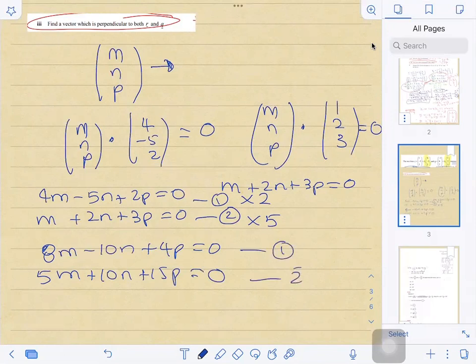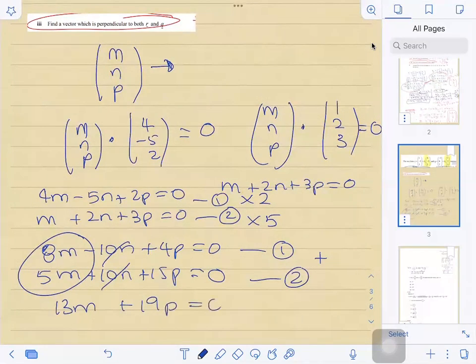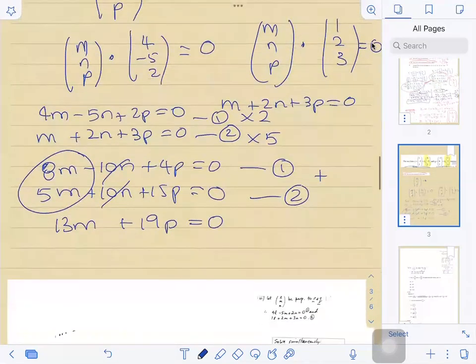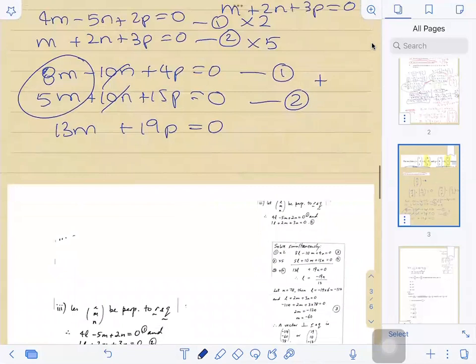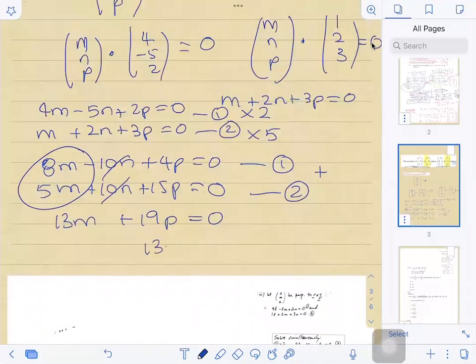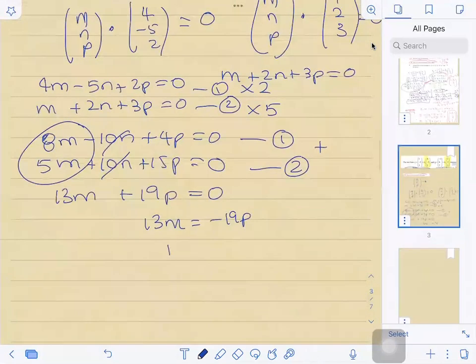If you add them together, you get 13m, the 10n's go out, plus 19p equals 0. So that's 13m equals minus 19p, which means m is minus 19p on 13.